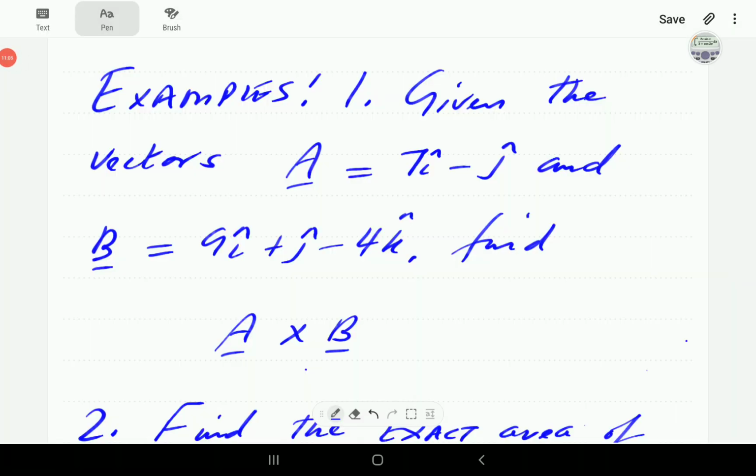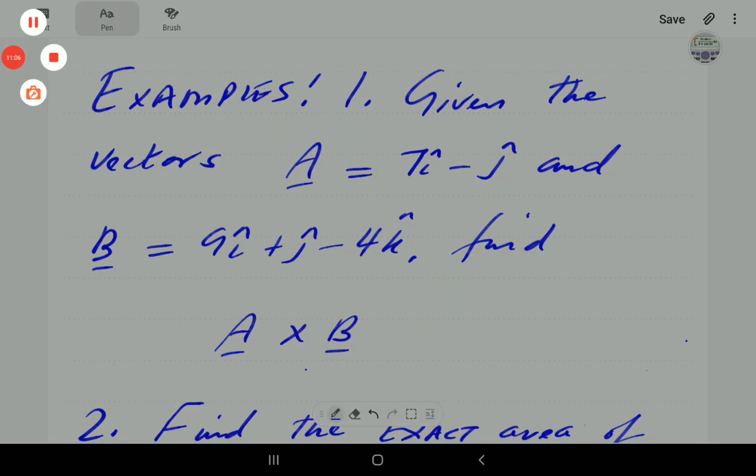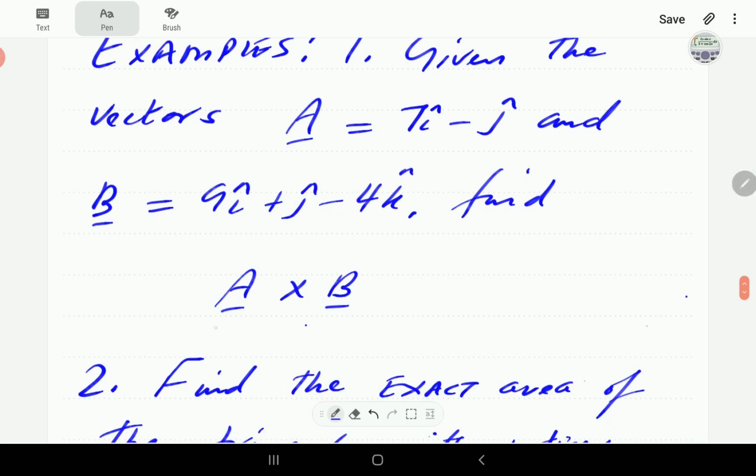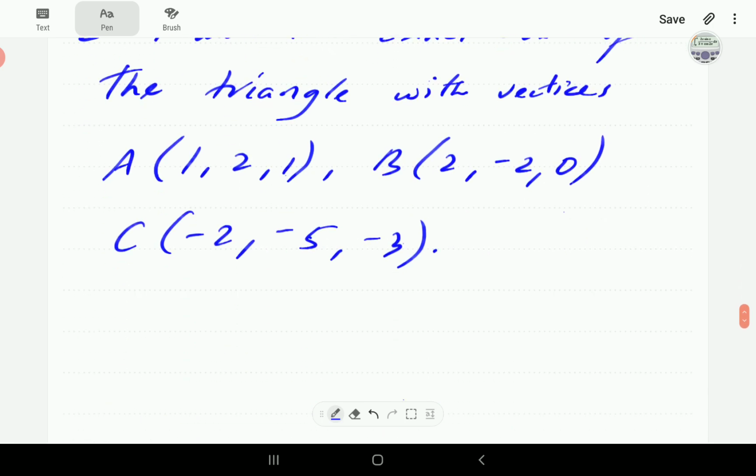Right, in the first example, we have got vectors A and B. We want to find the cross product A cross B. A is 7i minus j, B is 9i plus j minus 4k. So let's see how this works out.